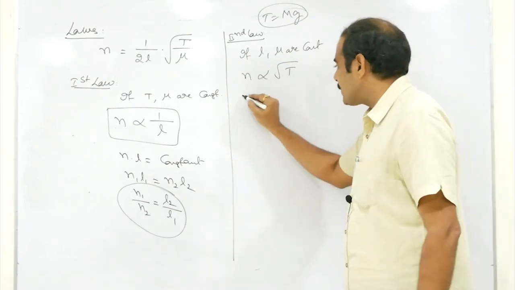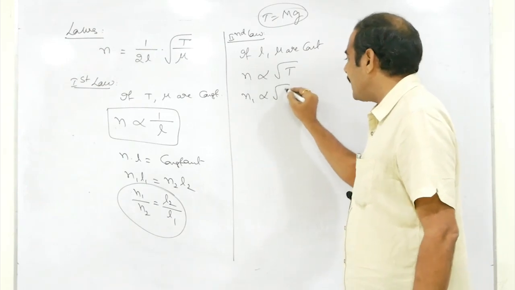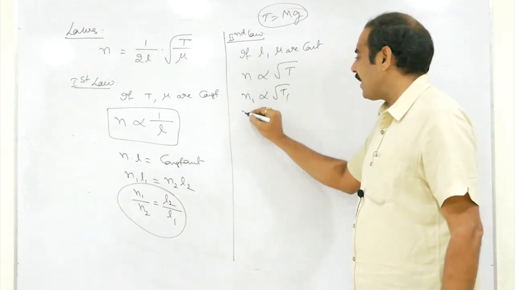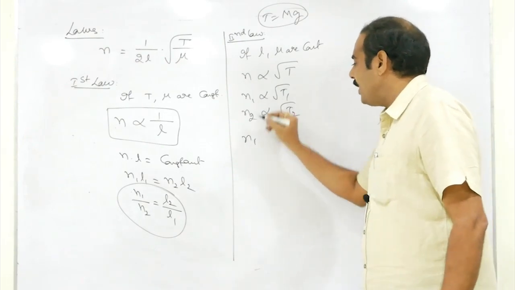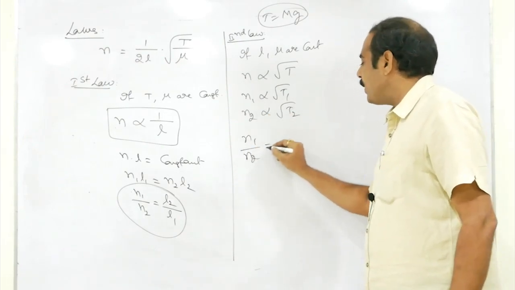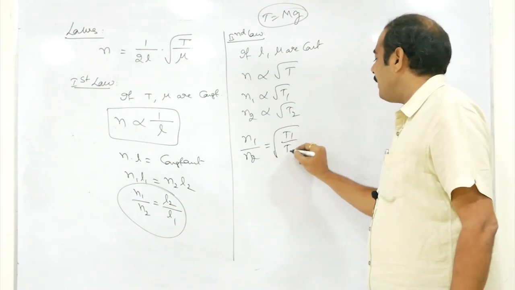Now from this, N1 is directly proportional to root T1, N2 is directly proportional to root T2. Therefore, if you divide these two, N1 by N2 is equal to root of T1 by T2.